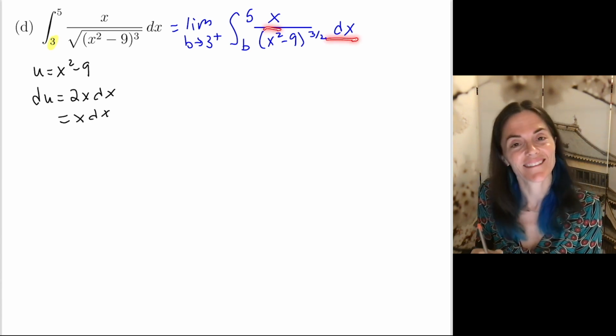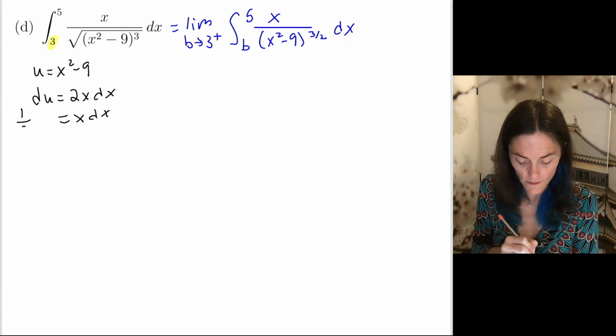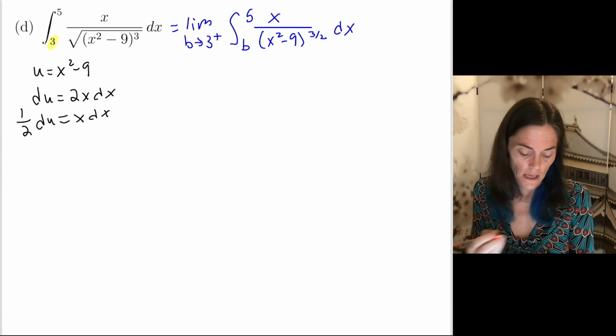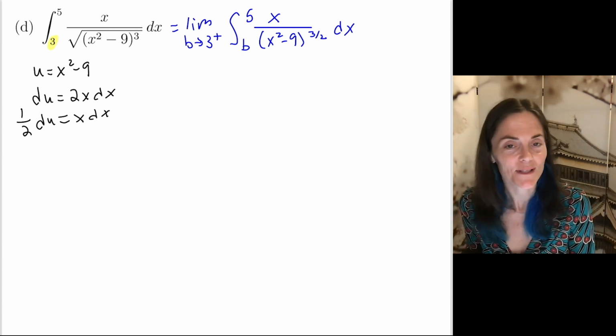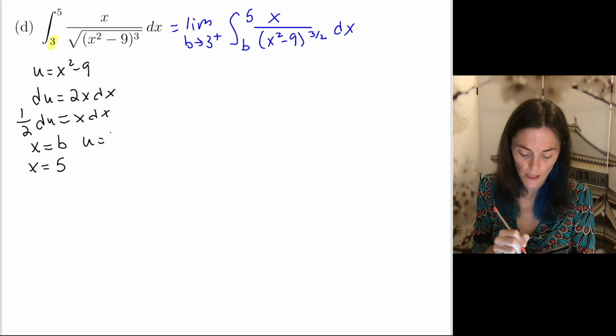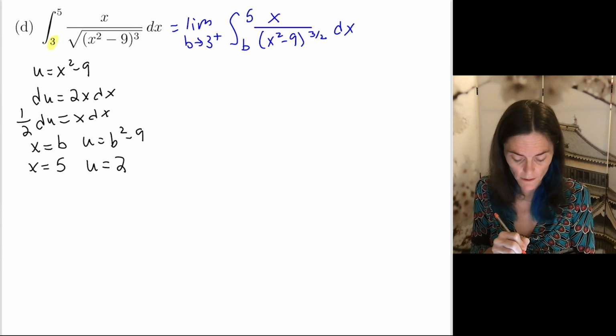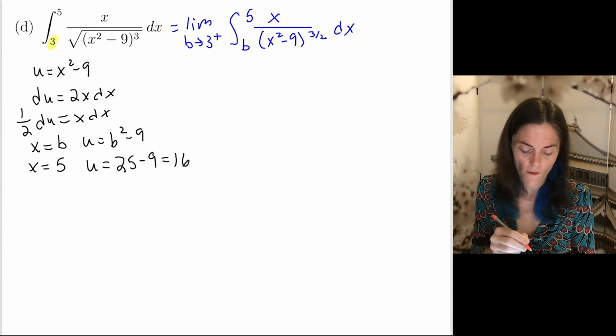It's here in our integral, and this is 1/2 du. And just like in the last problem, I personally always change my limits of integration. My x's range from b to 5, and here u will be b squared minus 9, and here u will be 5 squared minus 9, which is 16.